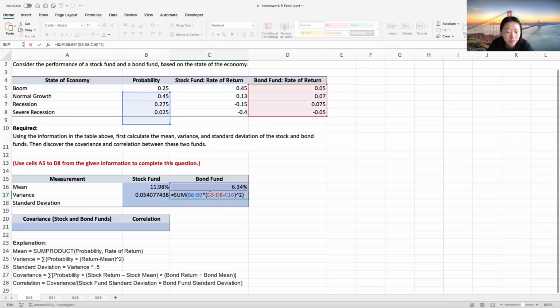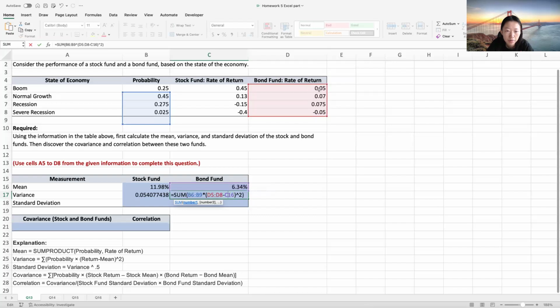So this formula, Excel has a very unique way of calculating things. This return minus the mean means that each row will subtract the average.